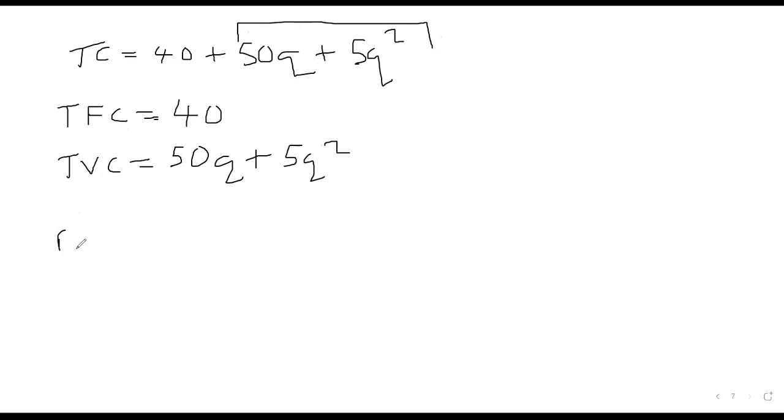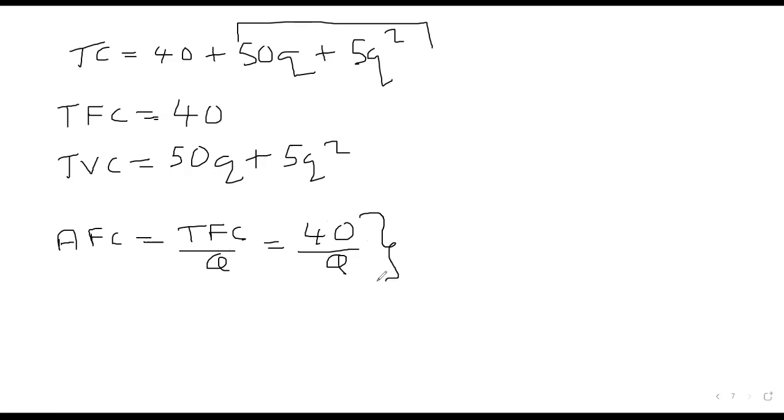So the average fixed cost, we said anything divided by quantity is average. So total fixed cost over quantity. So 40 divided by quantity, that becomes our average, and I can't simplify it any further. What becomes our average variable cost? Total variable cost over what? Quantity.